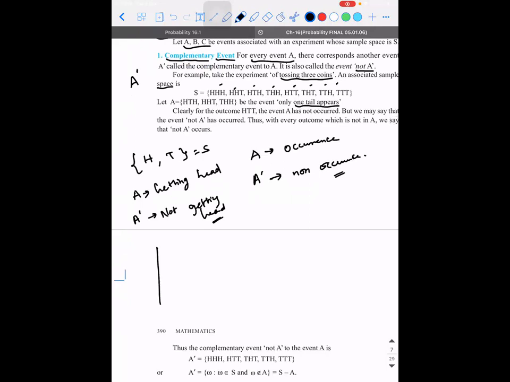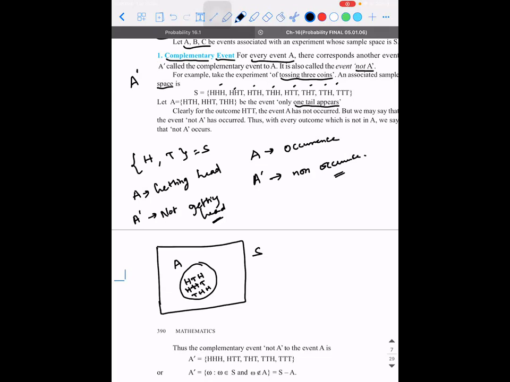So what I'm trying to say is, I'm explaining in terms of sets. If I take S as the universal set and A as the event, what are all the sample points that are there within the event A? Head, tail, tail; tail, head, tail; tail, tail, head.